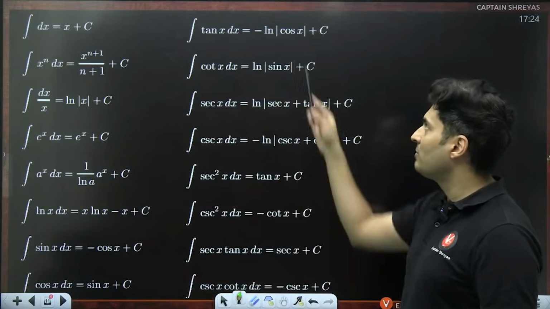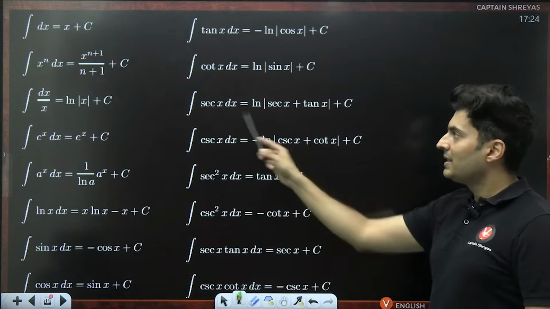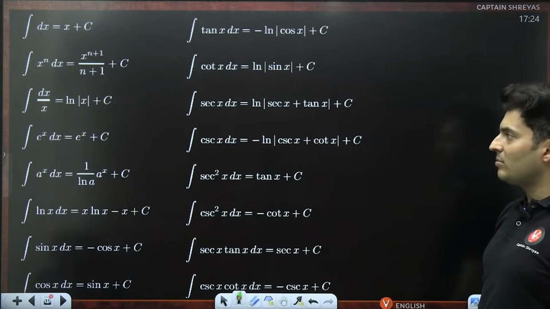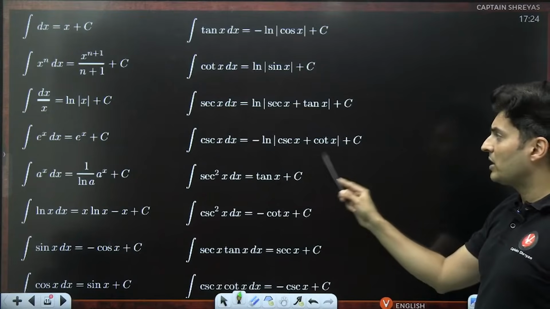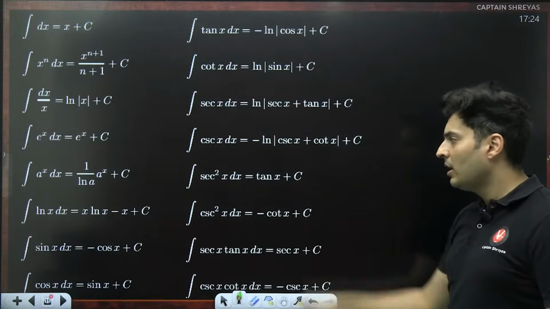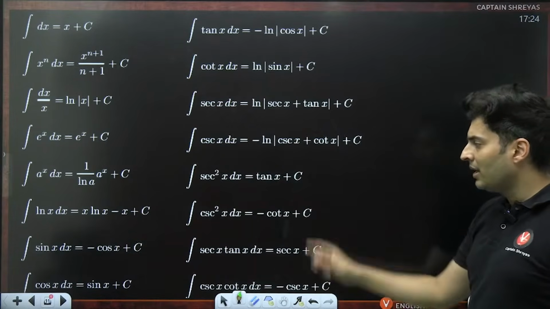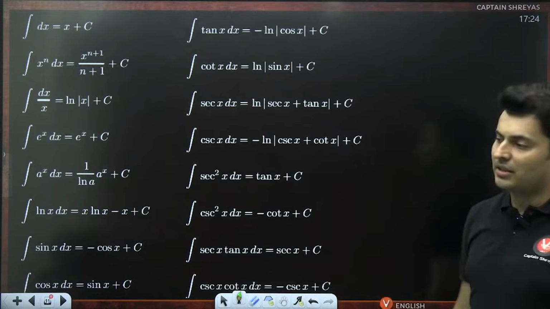Tan x's integration is minus log cos x. Cot x's integration is log sin x. Sec x's integration is log of sec x plus tan x. Cosec x's integration is log of cosec x plus cot x, with a minus sign. Sec square's integration is tan. Cosec square's integration is minus cot. Sec tan's integration is sec. Cosec cot's integration is minus cosec.